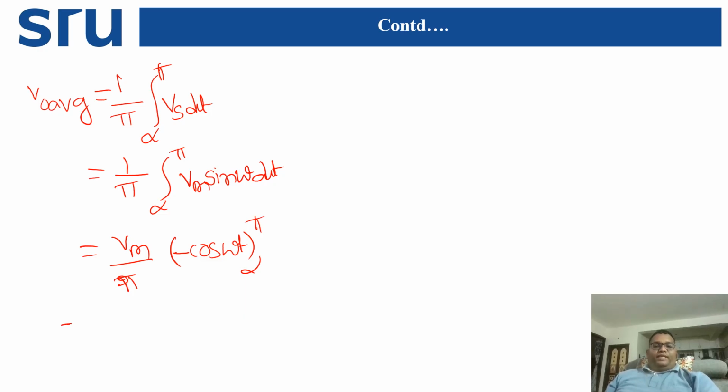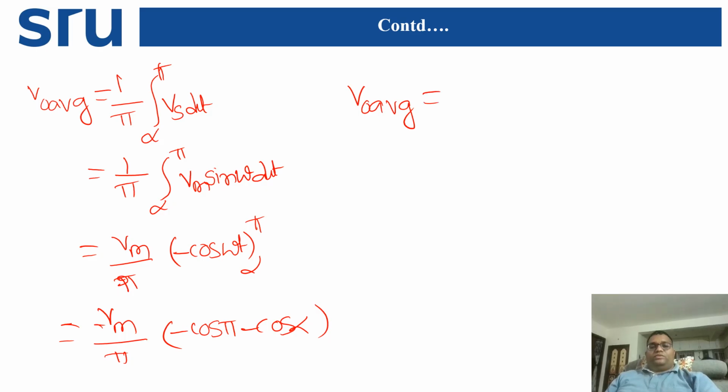Then how will we write it? Vm by pi into minus cos 180 minus cos alpha. Finally, V naught average is equal to minus Vm by pi into minus of 1 plus cos alpha.